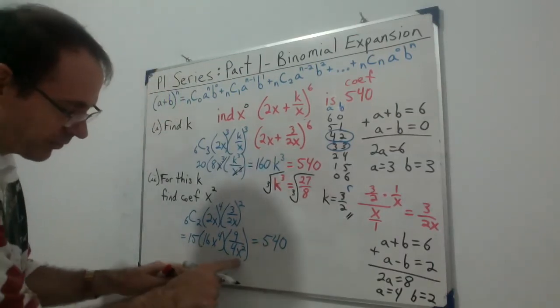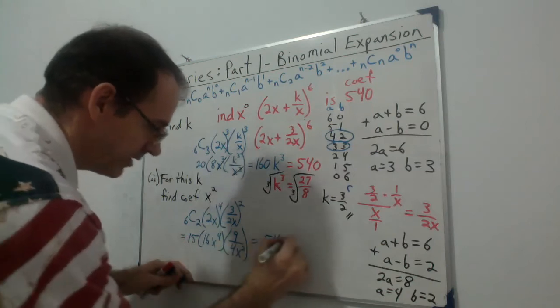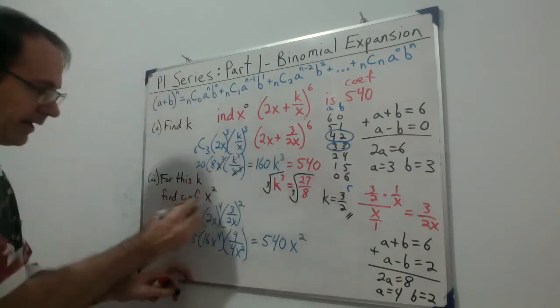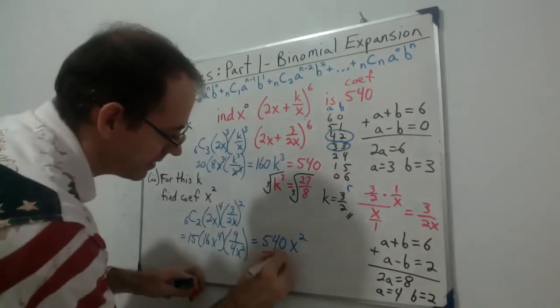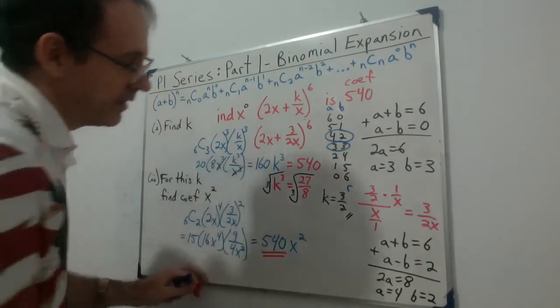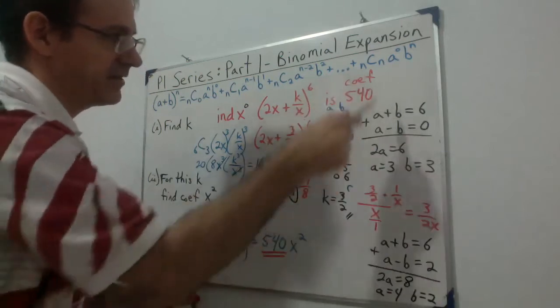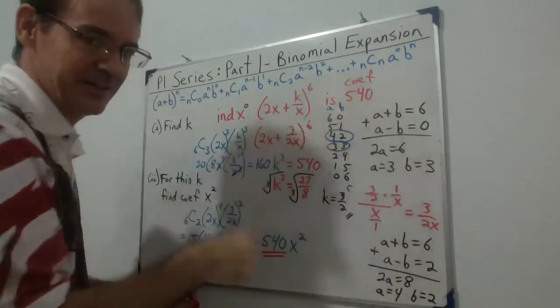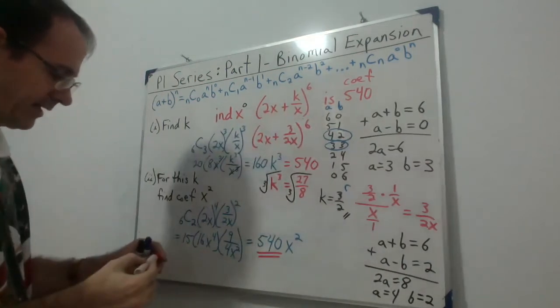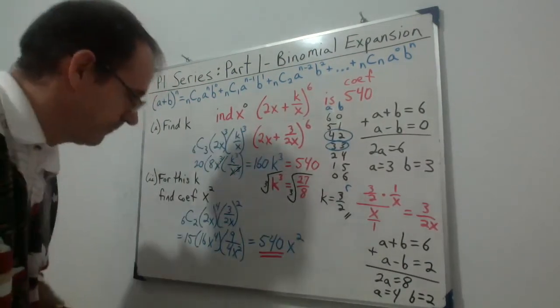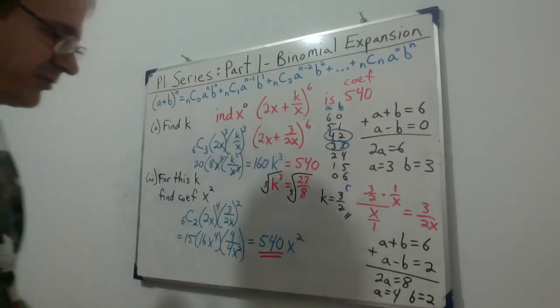And x to the fourth over x squared, 4 minus 2 is 2. We got our x squared. It wants the coefficient. The coefficient is 540. This is just a coincidence. That doesn't mean anything. You just happen to get the same number there, but we did end up with 540 again. Just kind of ironic. But 540 is your answer for this.